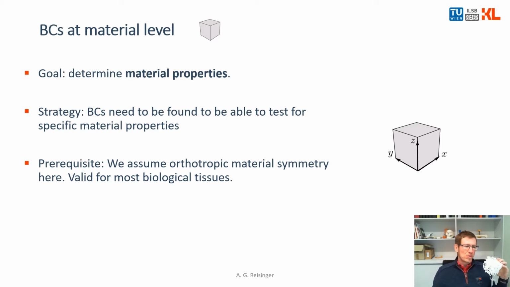In general, you would say it's anisotropic, but an anisotropic material is really complicated. You have many parameters here. So usually you make an assumption to simplify the situation a bit. And we do this here by saying, okay, our biological tissue, of which we would like to determine the material properties, is orthotropic in nature. What does that mean? That means you have three preferred directions. So our material we are considering here has different properties in 3 directions.